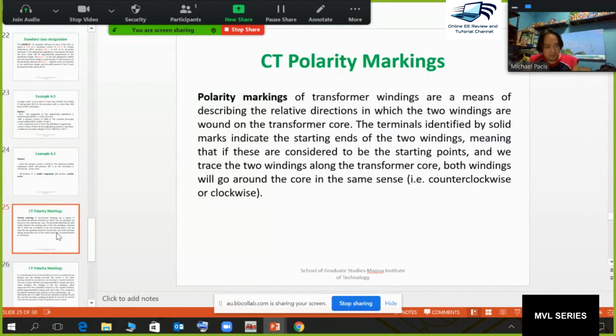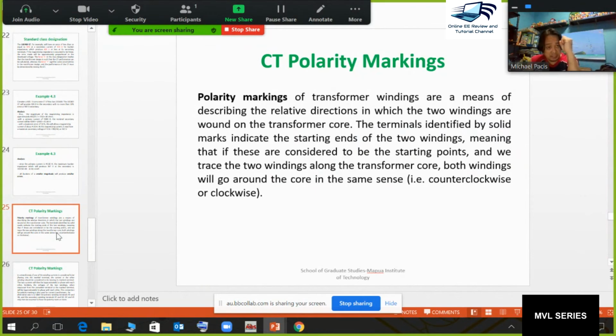Also from this, we can learn about CT polarity marks. Polarity marking is the same thing as when you consider mutual inductances. You can still recall that it can be added or it can be subtracted, depending on the mark.